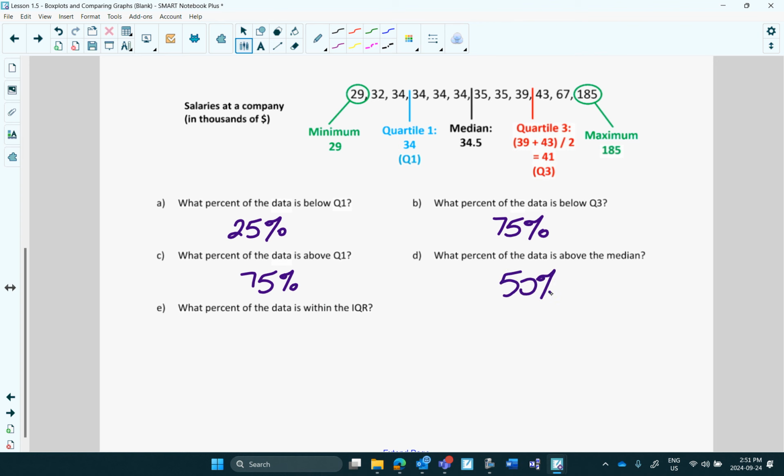And the last one, within the IQR. That's 50. Isn't each one of these 25? So between these two is 25 and 25, which is 50.